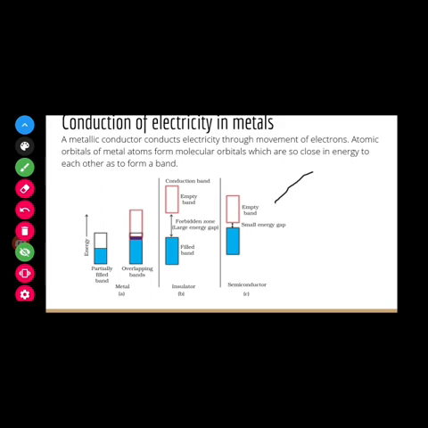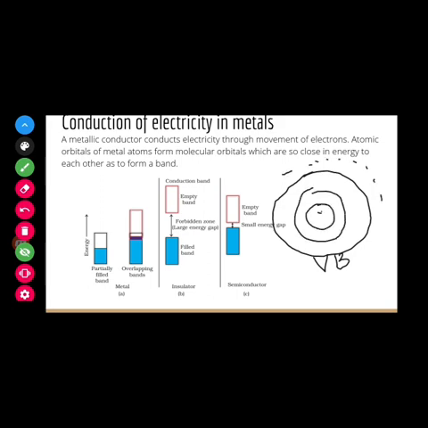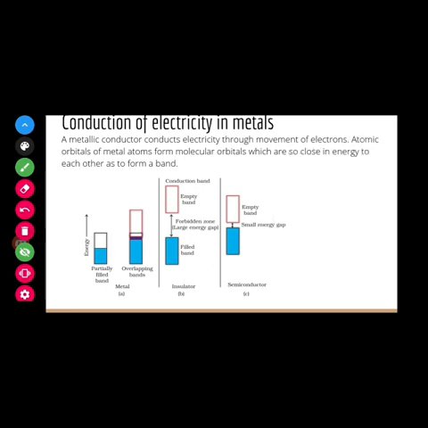So that band will be called valence band, in which you have your outermost electrons. The next higher level will be called conduction band. I'm writing CB for conduction band and VB for valence band. Let's suppose this is your valence band and this is your conduction band.